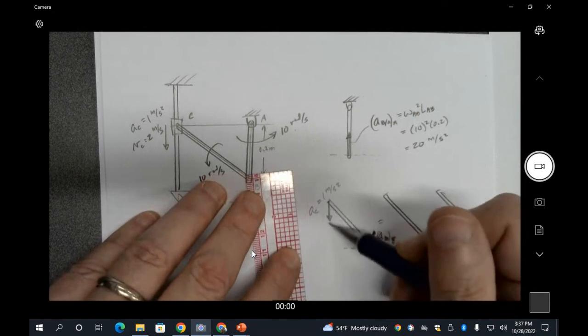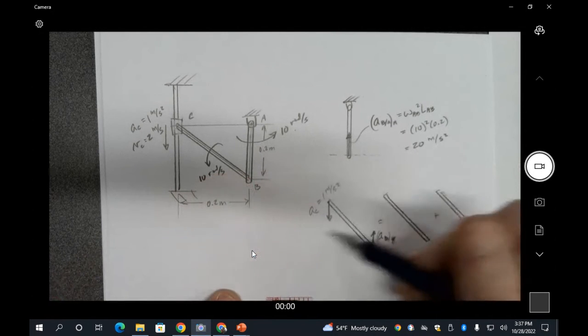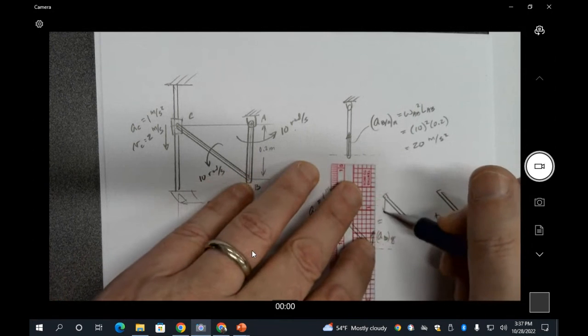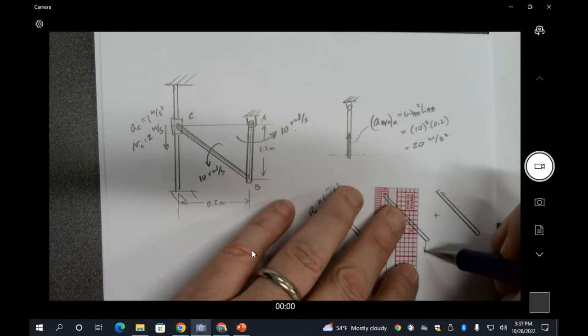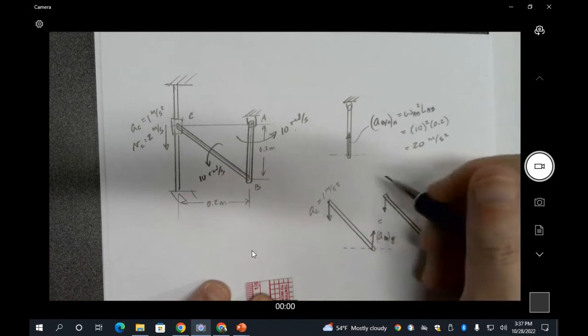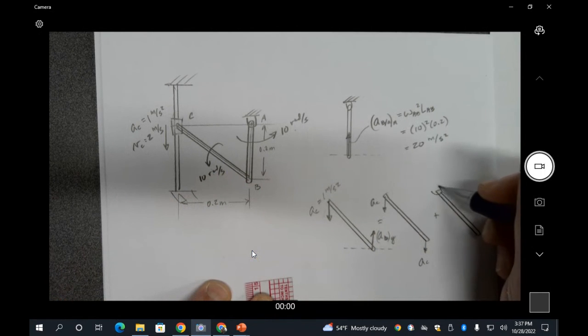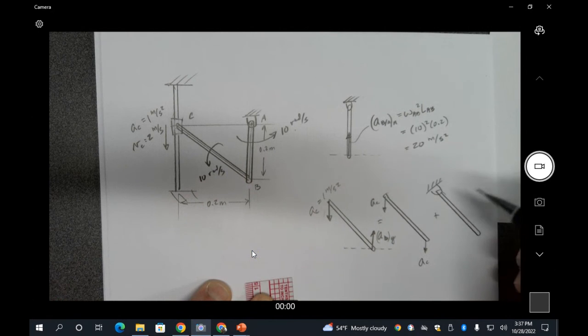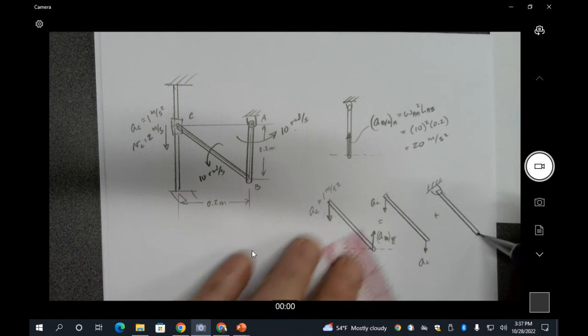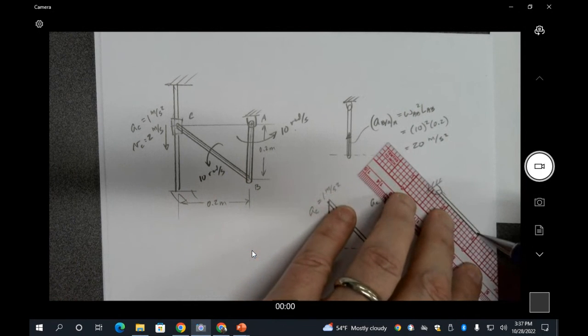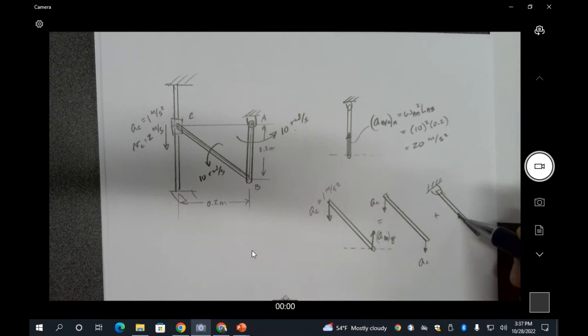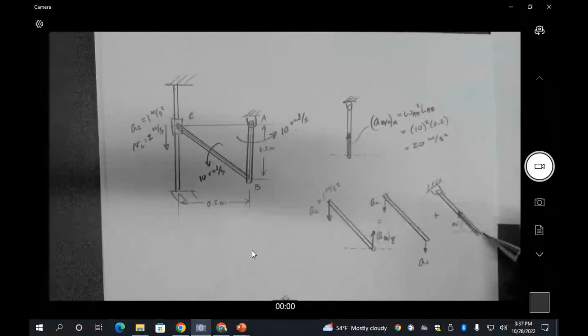I'm going to use C as my reference because I know the entirety of its motion. And we could pin it right here. So we're going to have a component of acceleration in that direction. We know that that's 45 right here.